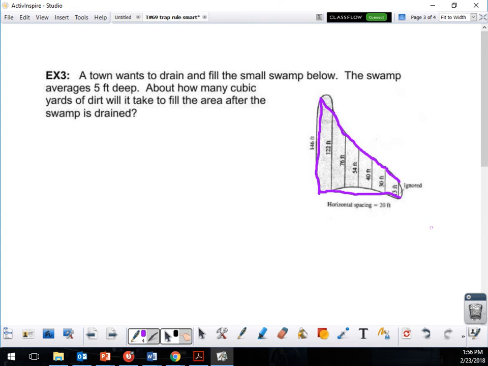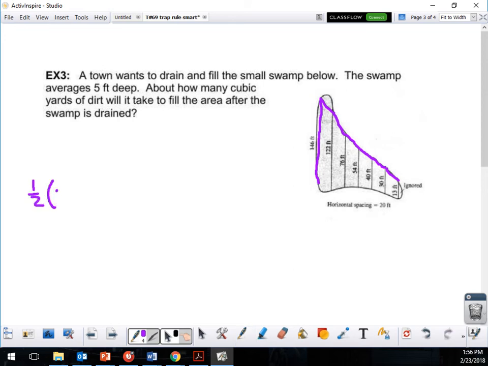It's not f of, because you have values here. So it'd be the first value, 146.